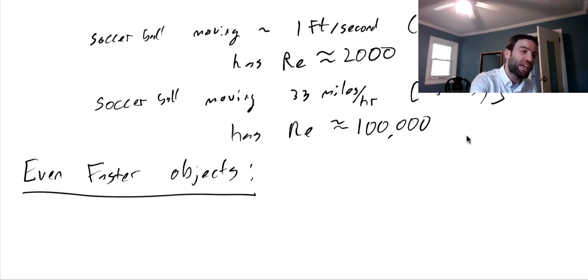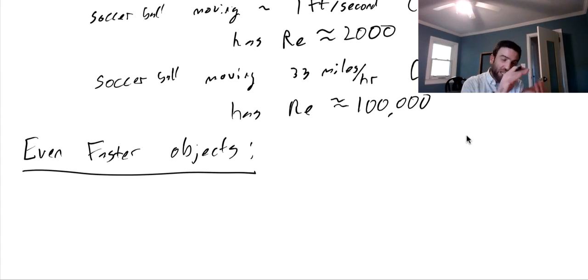What happens is that the boundary layer of air really close to the ball itself stops being laminar.